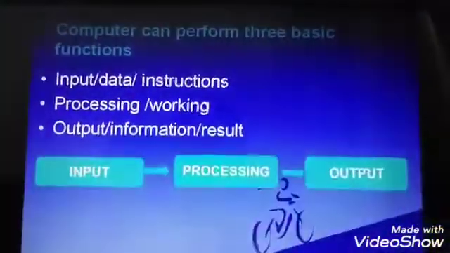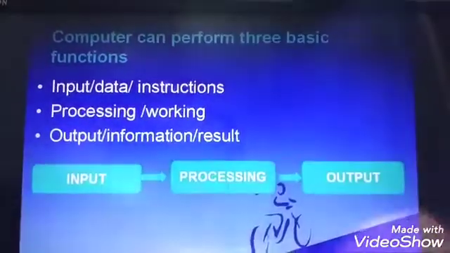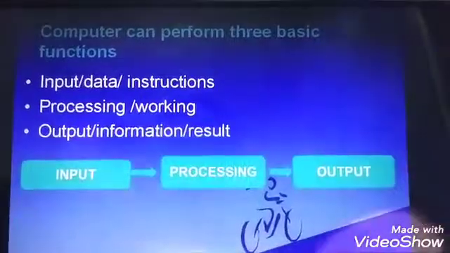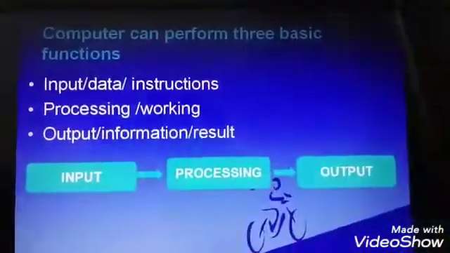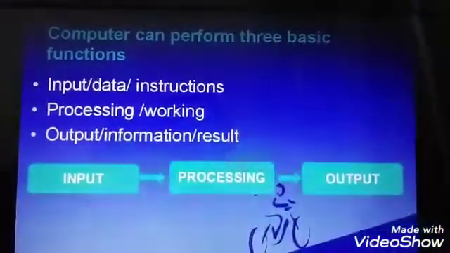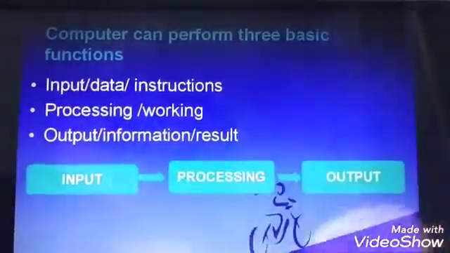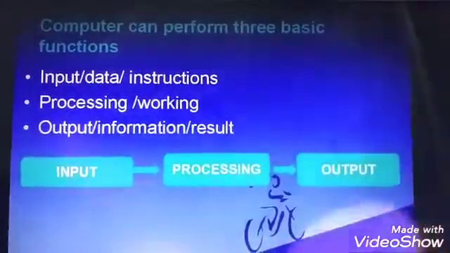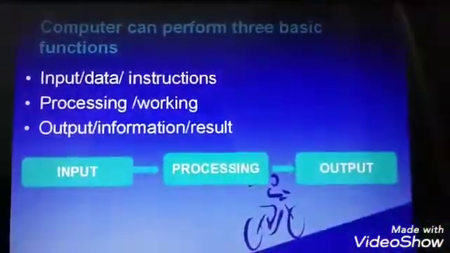The next point is that a computer can perform 3 basic functions. How many functions? 3 basic functions. First one is input, second is processing, and the third is output. Input is also called data and instruction.